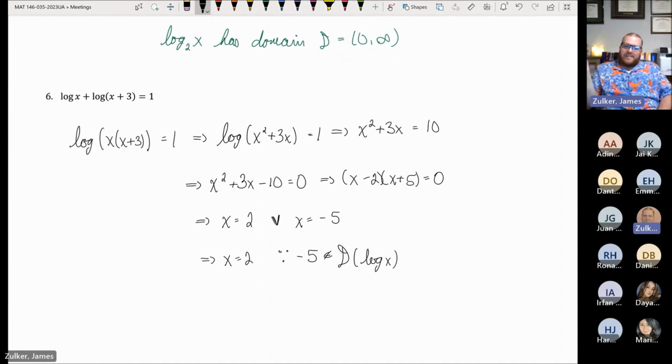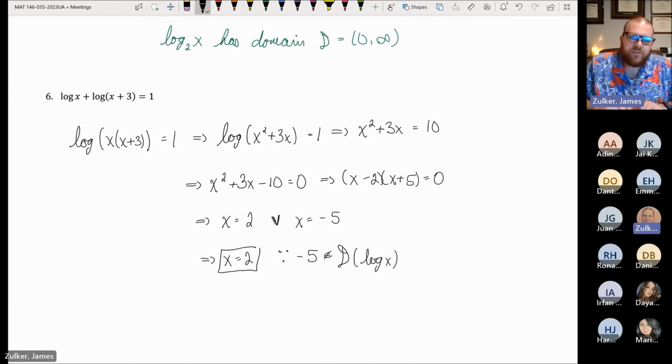Right? -5 is not in the domain of log of x. Also happens not to be in the domain of log of x plus 3. Right? But what's important is it's not in one of the domains. So it can't be a solution. So we have only one solution, x equals 2. It's still not a solution.